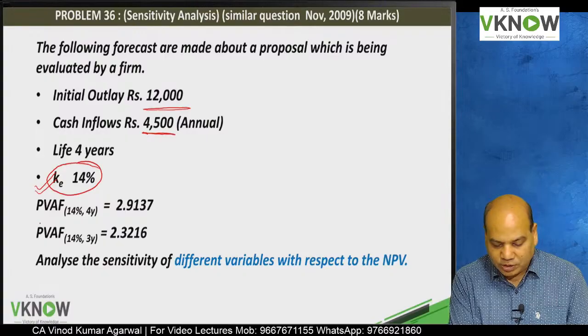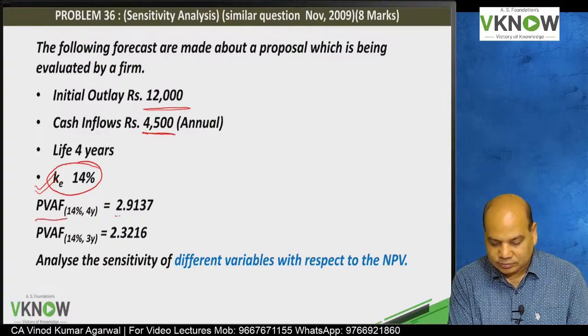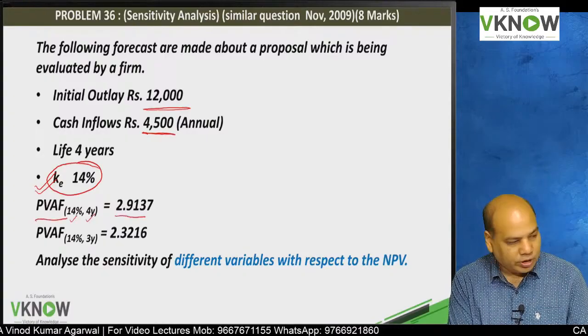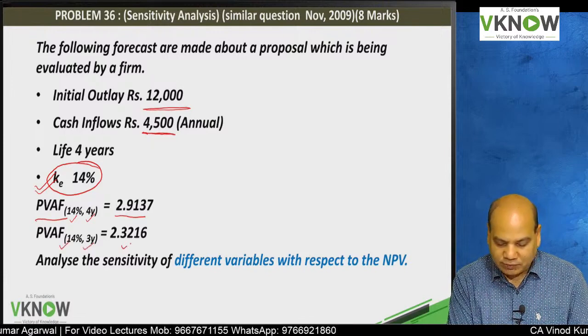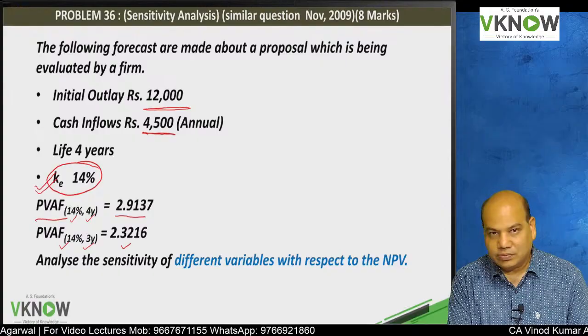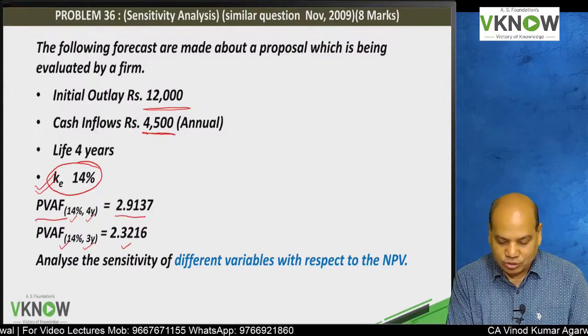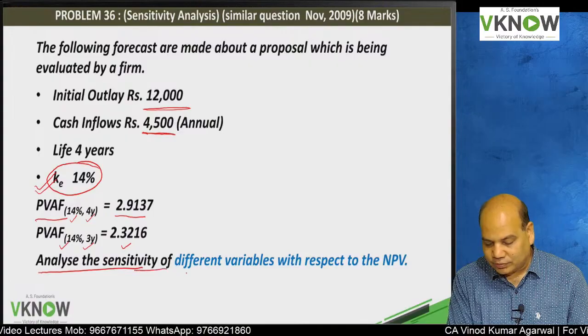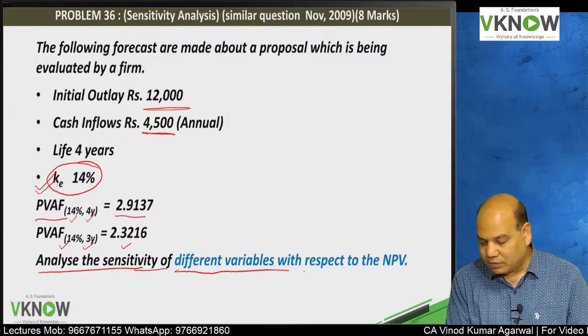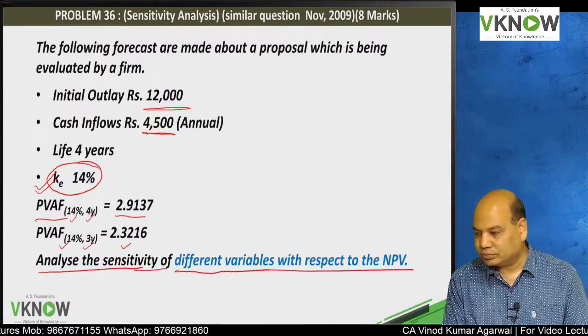Then you are given the PV annuity factor for 14% 4-year, and the 14% 3-year annuity factor is also given. Whichever you require, you are going to apply that. And then analyze the sensitivity of different variables with respect to NPV.